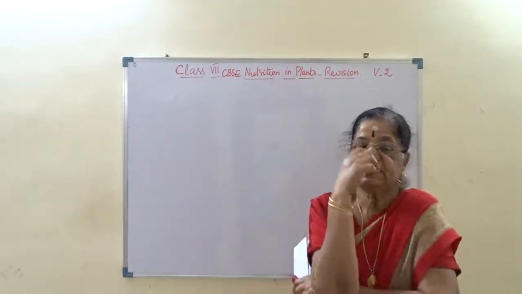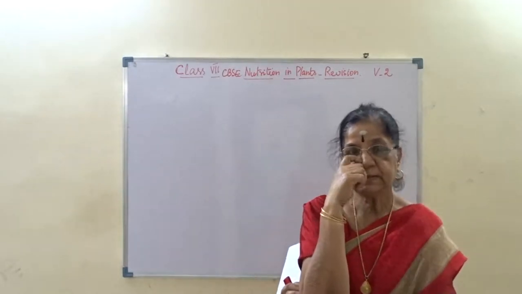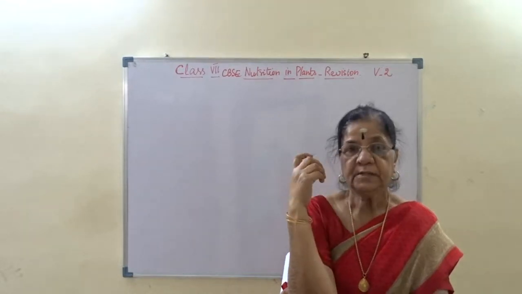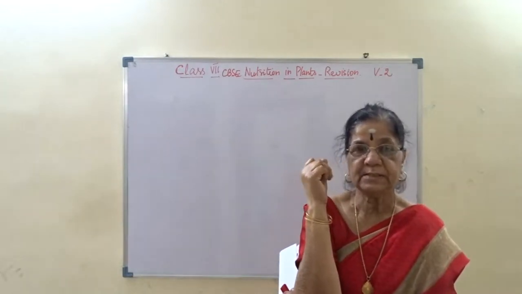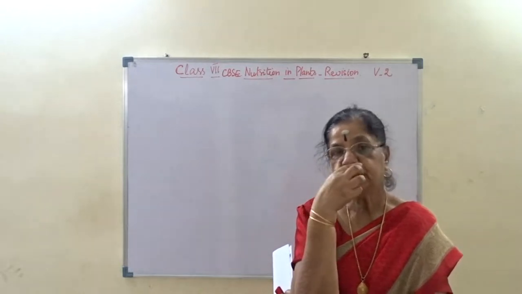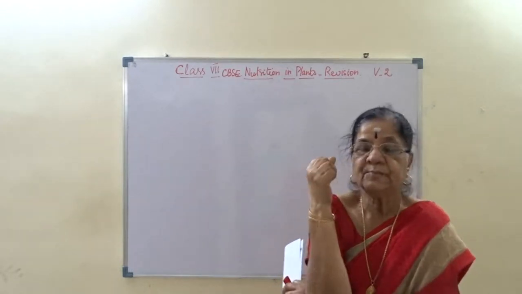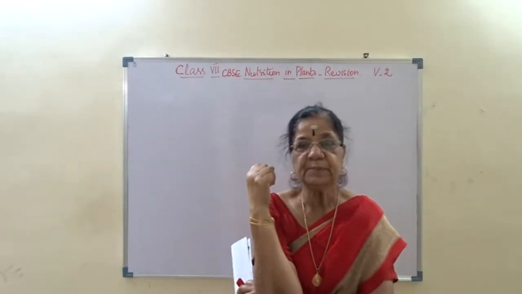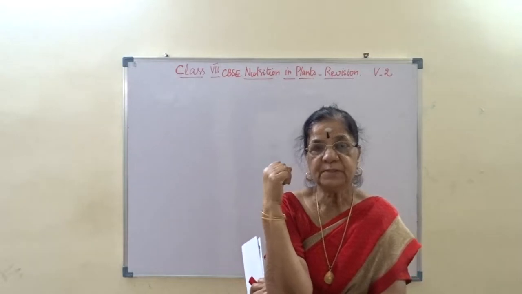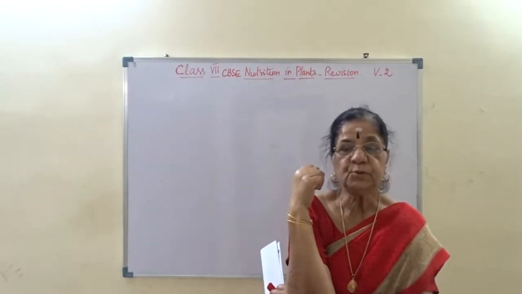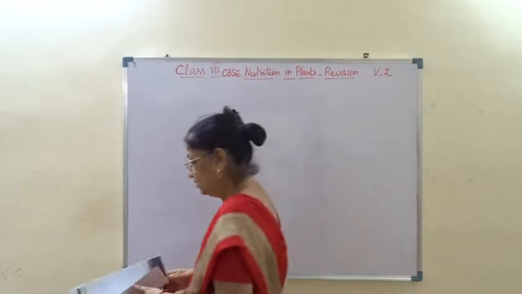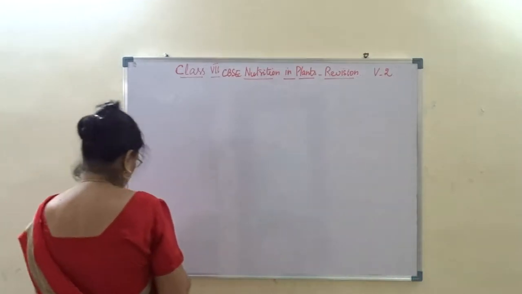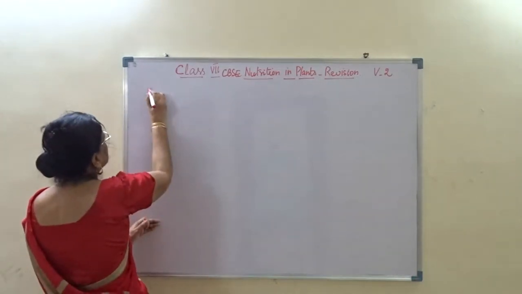And nutrients are the content which are required for the growth of plants and animals. Green plants can prepare their own food by the process of photosynthesis. So first you should know what is nutrition.